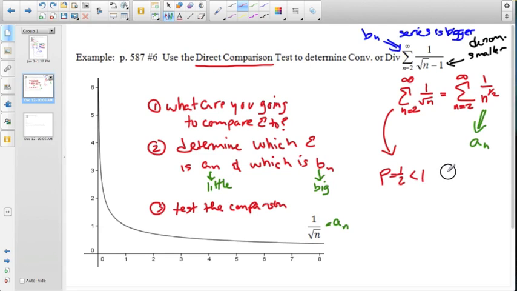So we know that n to the 1/2 diverges by p-series test. And b sub n is out here somewhere.